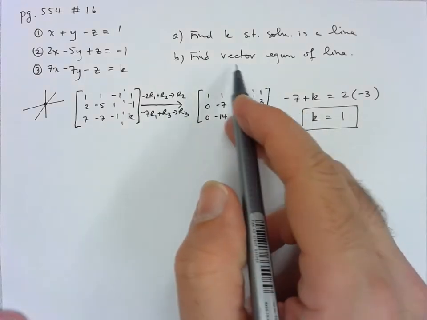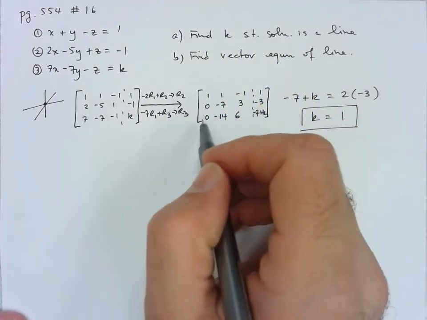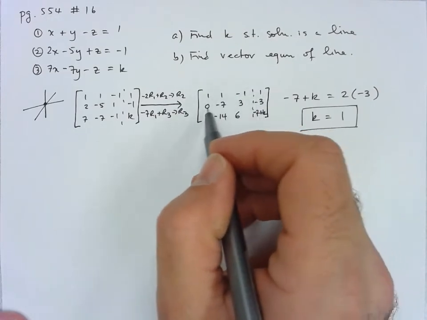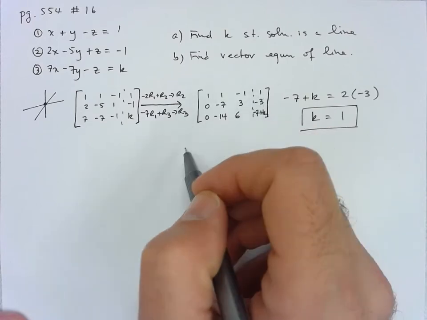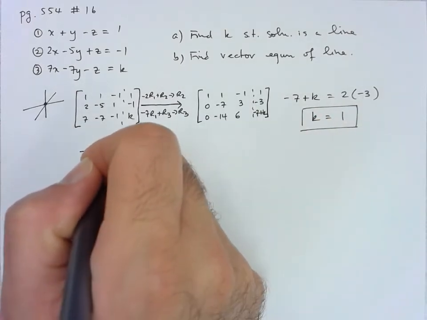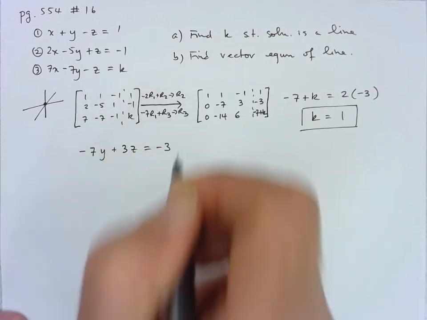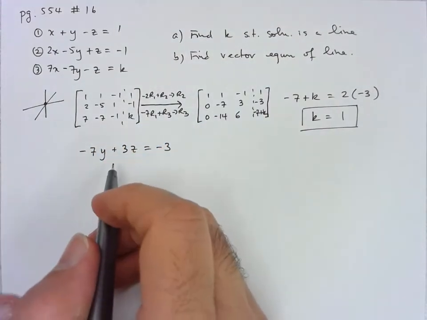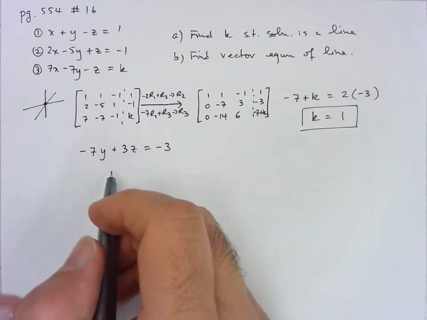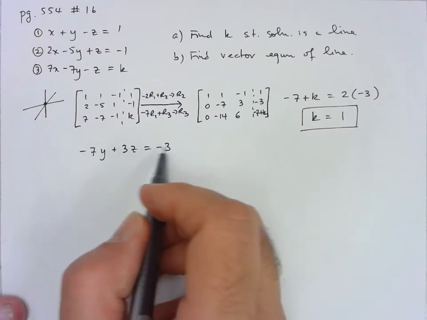Now they want us to find the equation of that line. Once we get our row of zeros, we're just going to be working with these two rows because it's like finding the intersection of two planes. From row 2, I can write that negative 7y plus 3z is equal to negative 3, and I can solve y in terms of z or z in terms of y, and then do the same thing for x. I think it's easier to solve for z, so I'll at least have one less fraction.